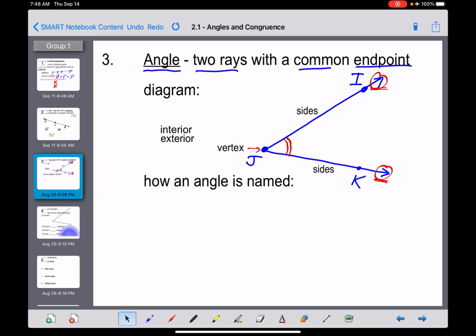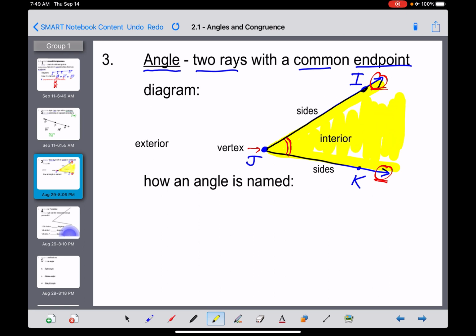Now, the interior and the exterior of an angle. Every angle is going to divide the plane that it's cut up into two parts. The interior, I think we know what that word means, guys, is the inside of the angle. And the exterior, then, is going to be the outside, everything else. So if I did some highlighting right here, this might get a little bit messy, but the interior is going to be everything right here in this particular region here.